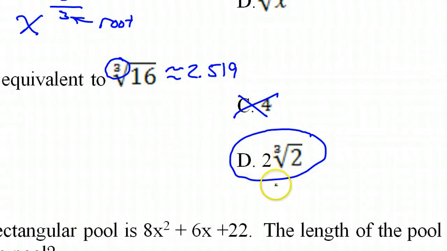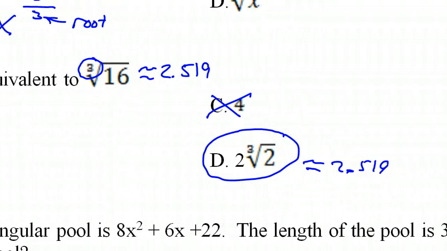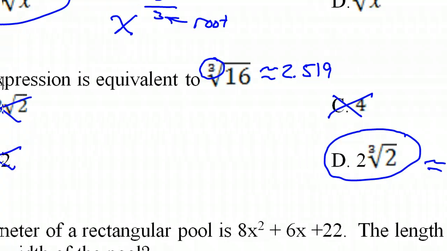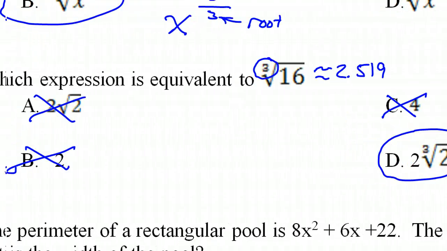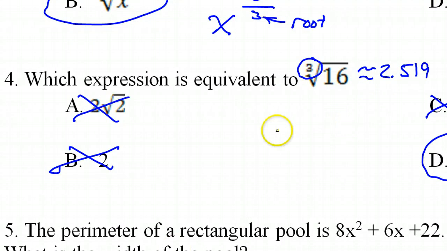So the decimals match, because this is approximately 2.519. So even though the calculator wouldn't do it for you, because it's multiple choice, you can convert the answers into decimals and see which one matches that way. That's just another strategy you can use if you can't figure it out properly the way I showed you in the first place.